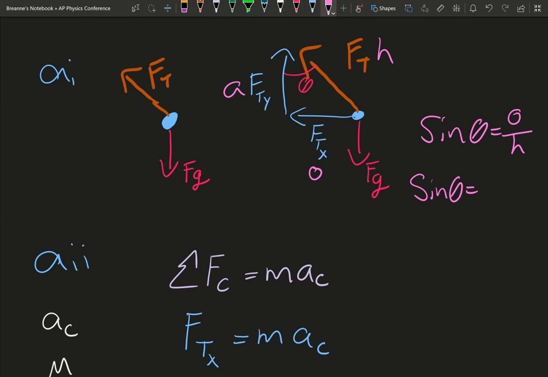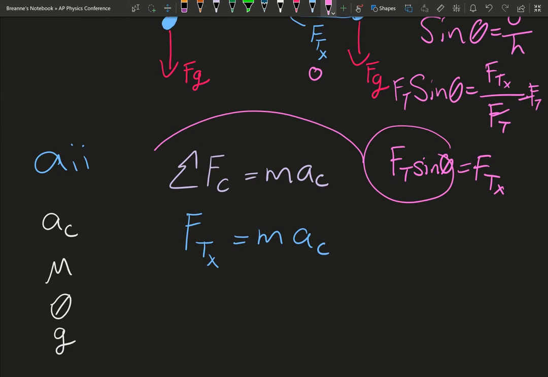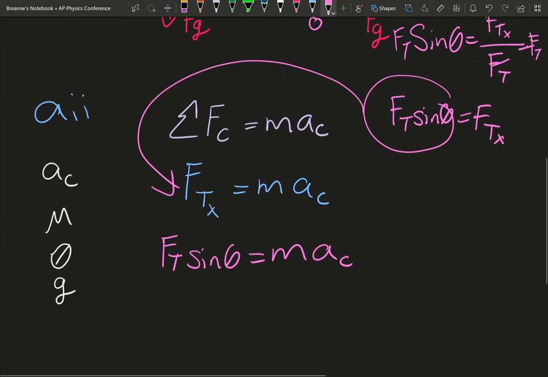Sine theta, our opposite is our force of tension in the x. Our hypotenuse is just our force of tension. So you get that your force of tension in the x equals force of tension sine theta. You're going to plug that into here. So force of tension sine theta equals our mass a_c.